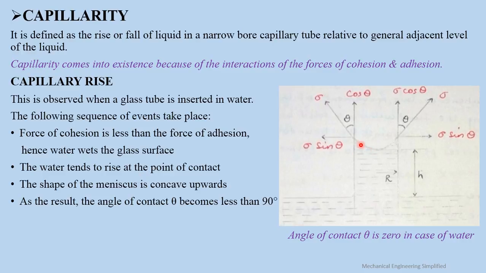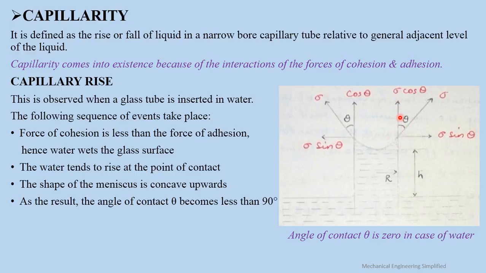So shape of the meniscus. What is meniscus? This is the meniscus. This is not a straight line here. This is concave upwards. And as a result, the angle of contact. What is this angle of contact? This is the straight line along which the surface tension force will act, and the angle it makes with the vertical axis is known as the angle of contact, and that too measured from the upper side, not from the lower side.